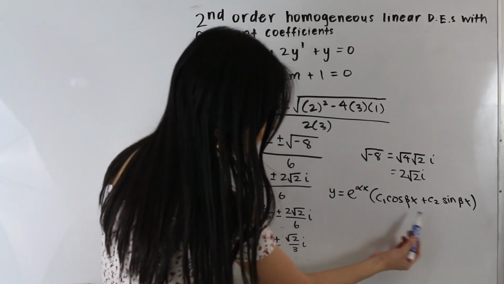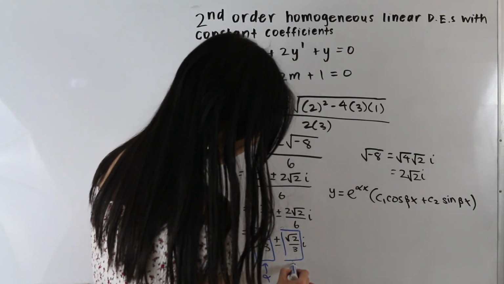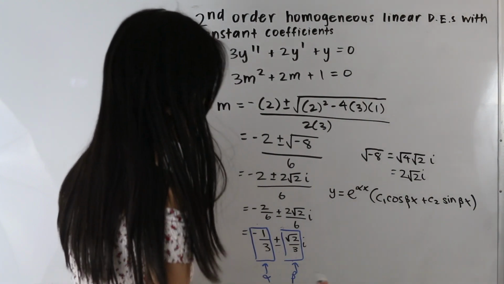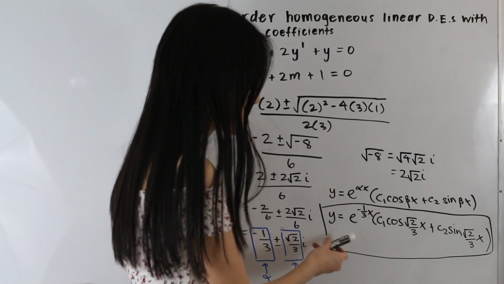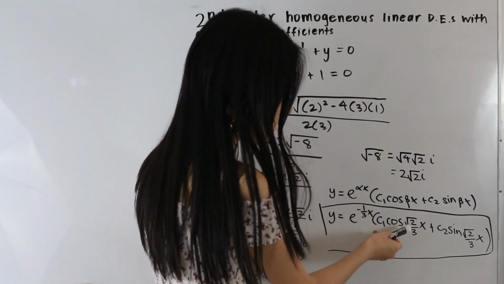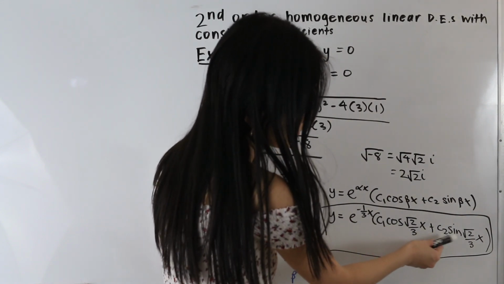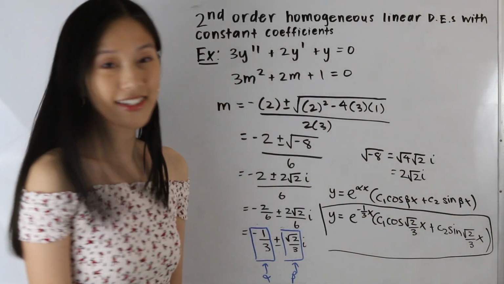And the beta is the imaginary part, so this part here. So let's go ahead and plug those values in and get our solution. So here is our general solution. We have y is equal to e to the negative 1/3 x times c1 cosine of the square root of 2 over 3 x plus c2 sine of the square root of 2 over 3 x. And so that is our final answer.